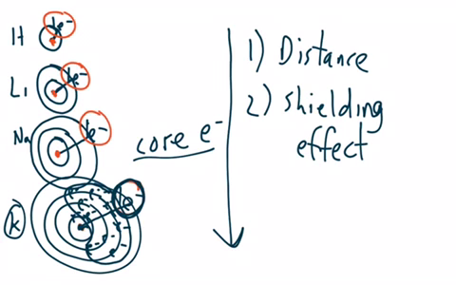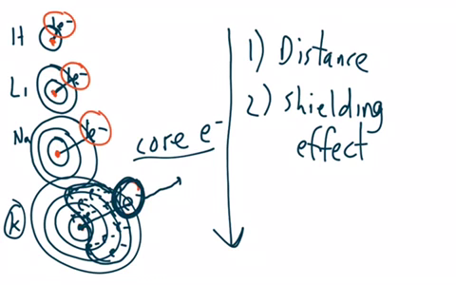It's like trying to talk to someone in the back of the room, and there's a bunch of people walking back and forth while you're trying to talk to someone at the end of the room. All of these inner electrons are moving back and forth, and their movement, their presence, decreases the attraction between this electron and the nucleus. When that attraction gets further weakened, it allows this electron to be removed much easier.